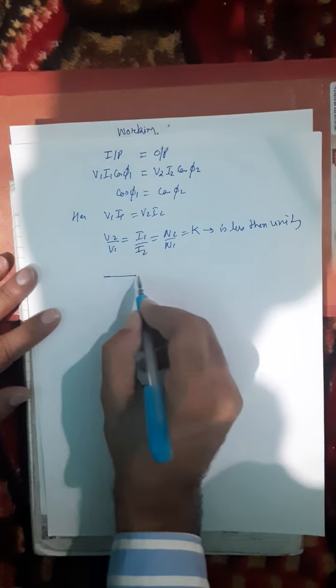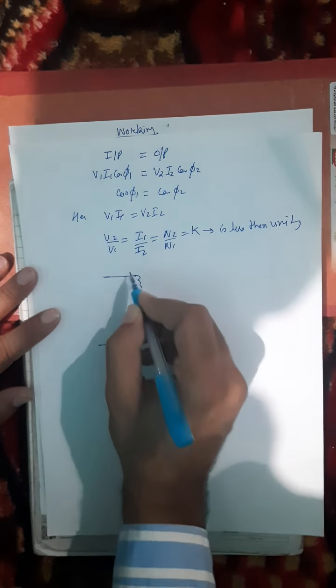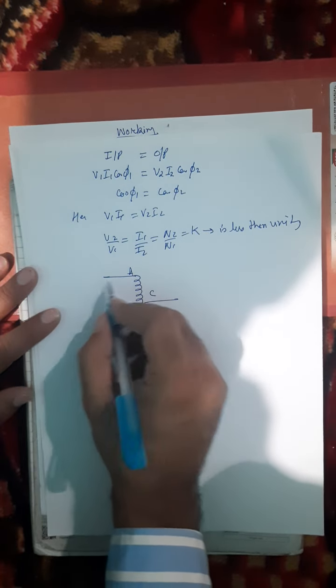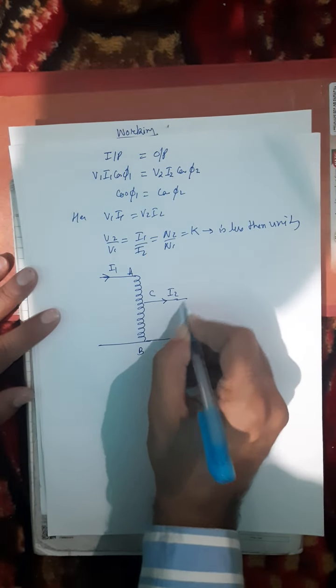I will show it again here. A, B, C, I1, this is I2, and I have a load here.